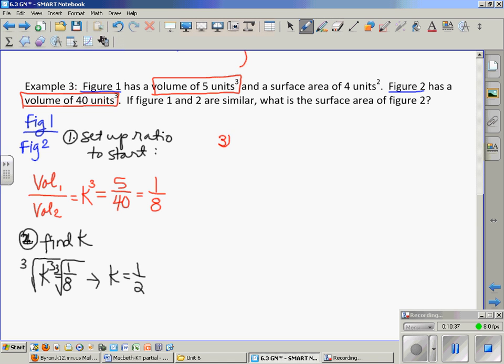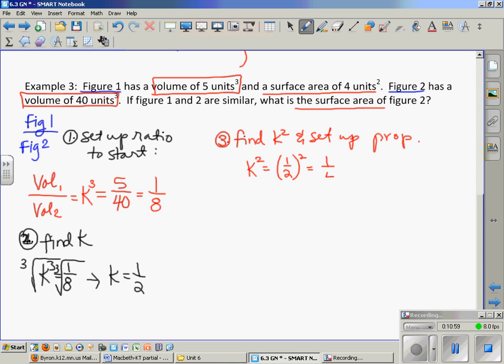Now that I know k, we are going to find k squared and set up a proportion because I want to know area and area. And so I have k squared is equal to 1/2 squared, which is 1/4.